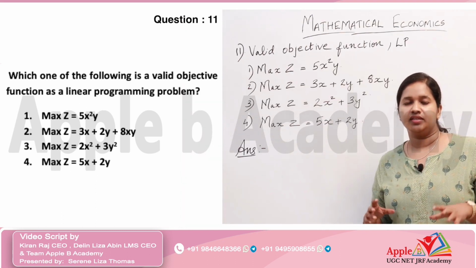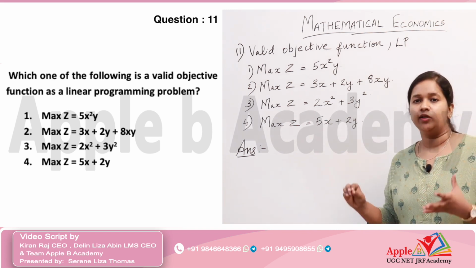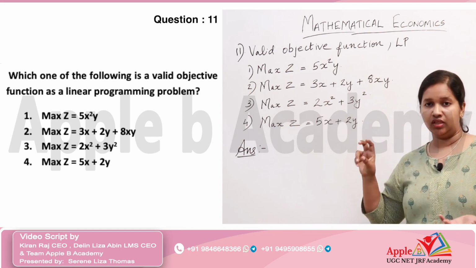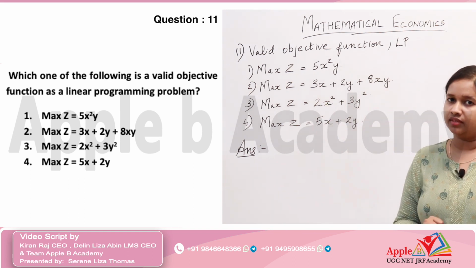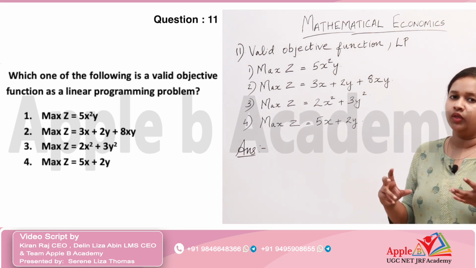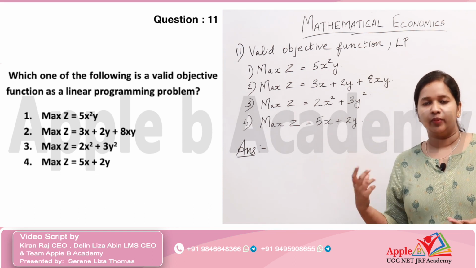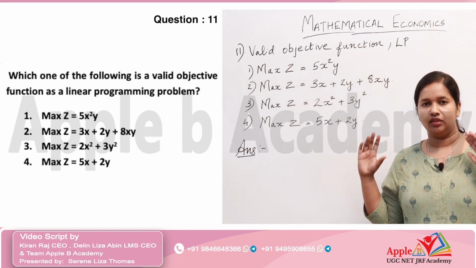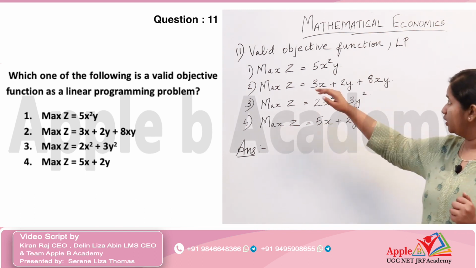This is the last question in this series. We need to find the valid objective function from these 4 options as far as linear programming is concerned. We know that in linear programming, we have a general format for expressing the objective function. Let us look at the options.